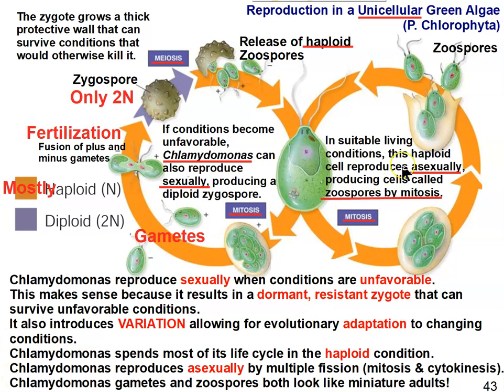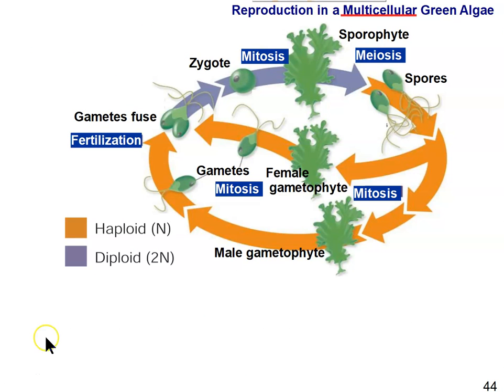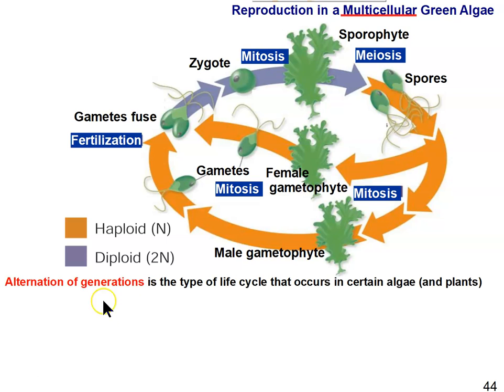So that's the life cycle of Chlamydomonas, representing a unicellular green algae. Now we'll take a look at multicellular. So the life cycle of a multicellular algae, and in this case it's Ulva, is very different from what we just saw in Chlamydomonas. And it's because it shows this life cycle known as alternation of generations.